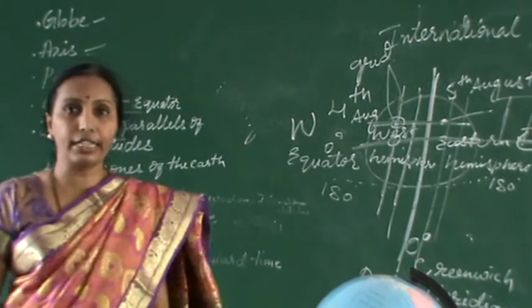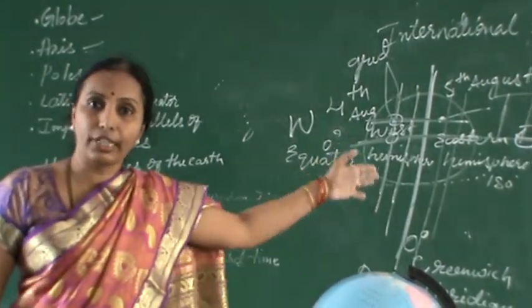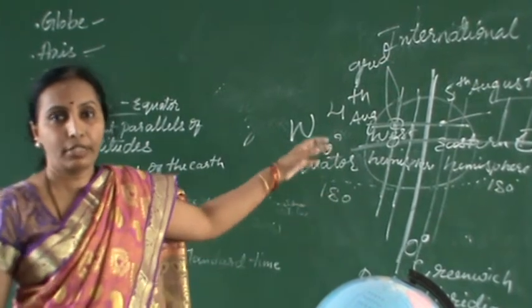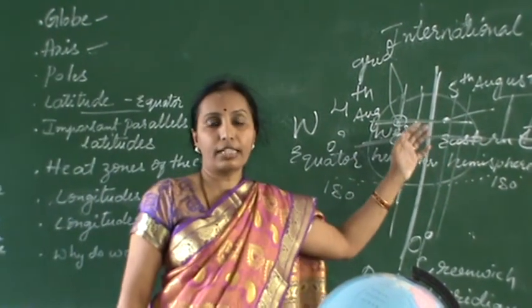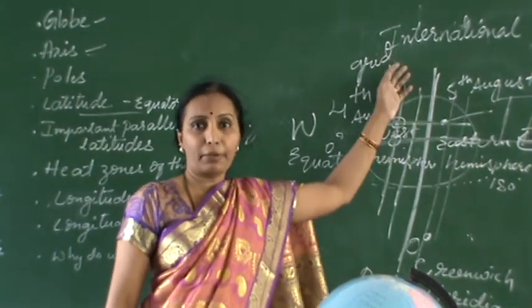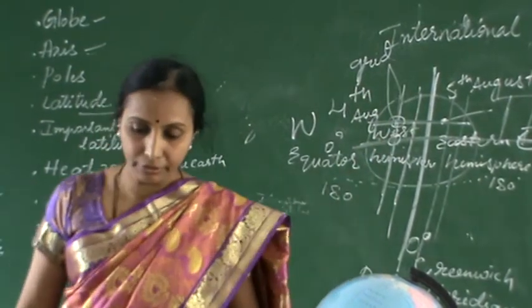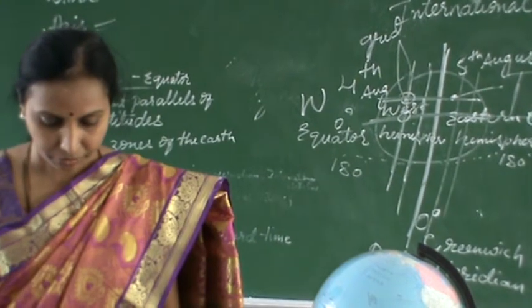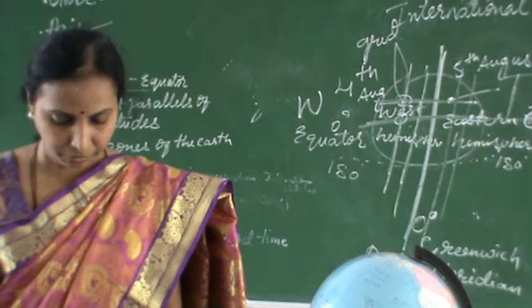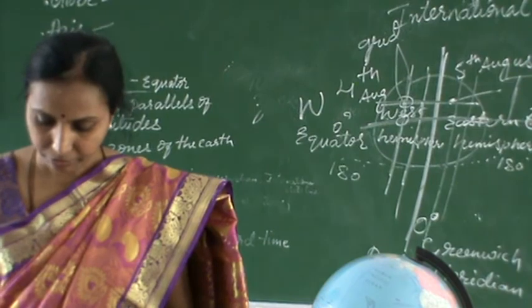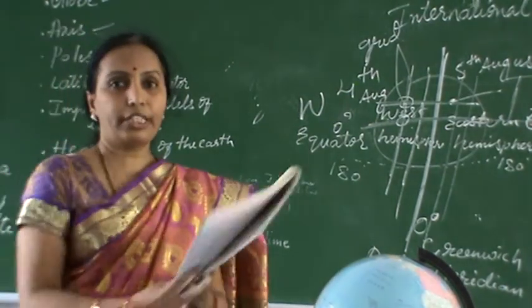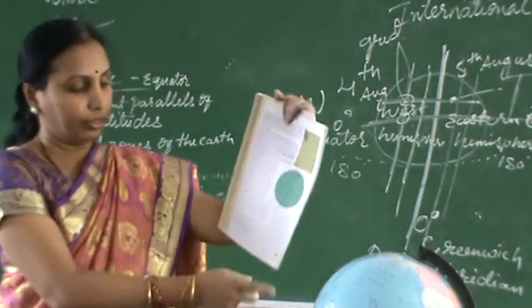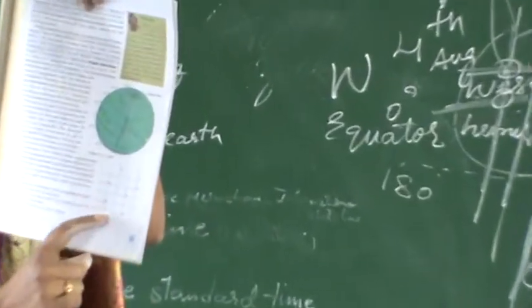Now, this is called the grid. This helps to locate places. Latitudes and longitudes are the reference points to locate places. As shown in the figure, can you see this figure?